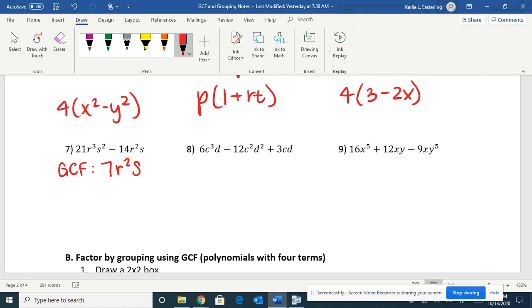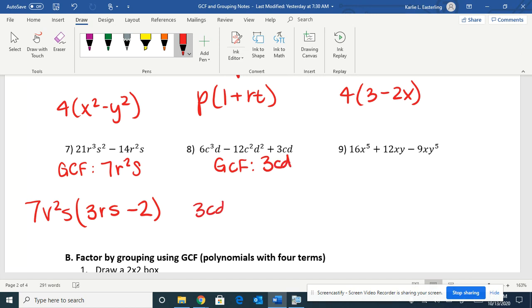I really recommend going piece by piece through the problem. Once you pull out that 7r squared, you are then looking at 3rs minus 2 as your final answer there. Your greatest common factor for number 8, hopefully you found, was 3cd.